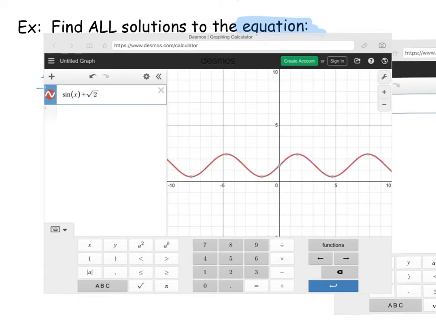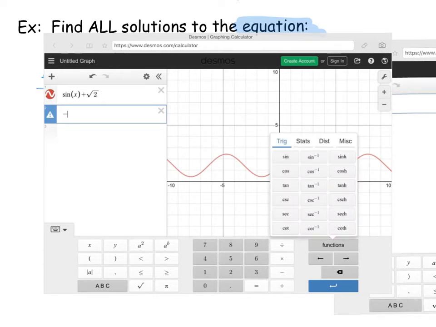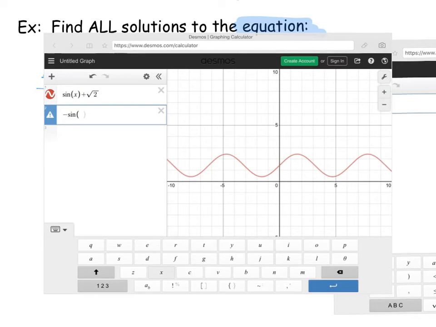All right, so that's the left-hand side of our equation. And now to find out where they meet, we just need to add another equation, which is the right-hand side. So it would be the opposite of sine x, negative sine of x.